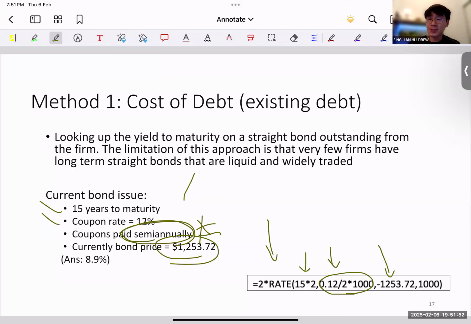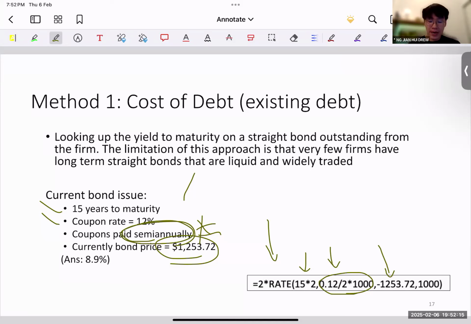Maybe your professor has told you this, but how I like to think about it is: if money is going out of my pocket, it's going to be negative. If money is coming into my pocket, it's positive. So what does this mean? It means that if I'm going to buy the bond now, it's going to cost me $1,253.72.